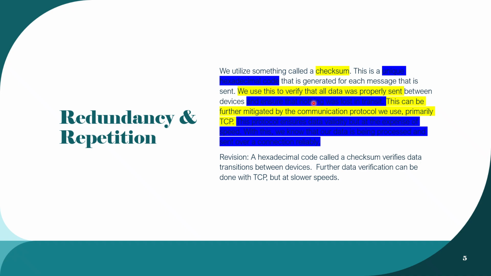We use this to verify that all data was properly sent, and then ensure that nothing was lost in transit, basically repeating verify. And then finally, this can be further mitigated by the communication protocol we use, primarily TCP. And then this protocol ensures data validity, basically just repeating that for further verification, you use TCP. And you can see in the revision here.